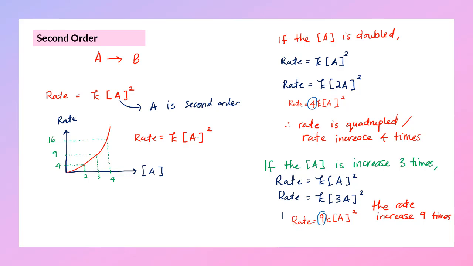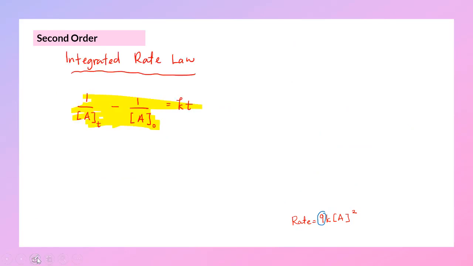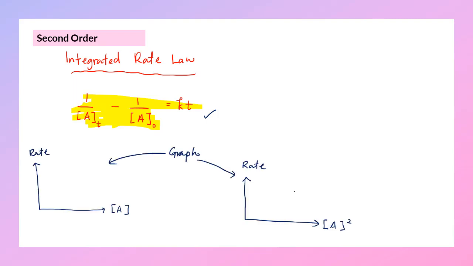Now let's learn about the integrated rate law for second order. This is the formula for the integrated rate law of second order. Now let's relate it with the graph. Just now we discussed the graph for second order.